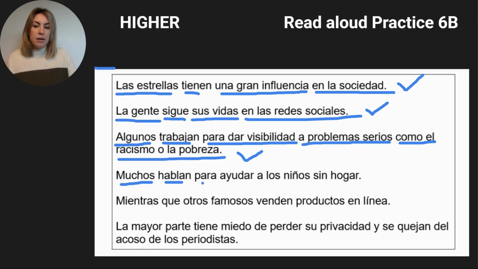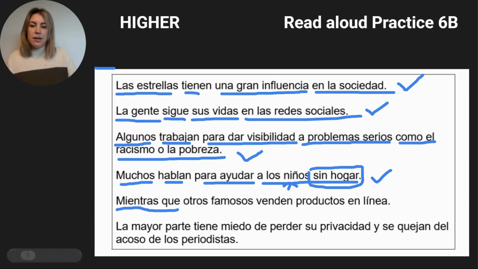Muchos hablan para ayudar a los niños sin hogar. Many of them, so many celebrities, speak up or speak to help homeless children. Okay?